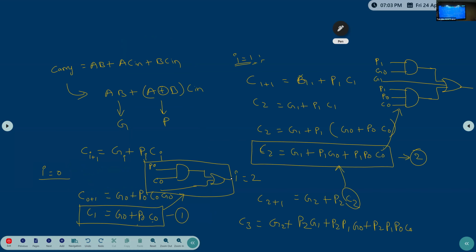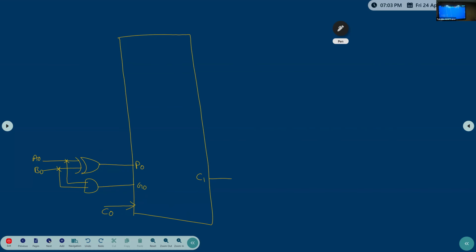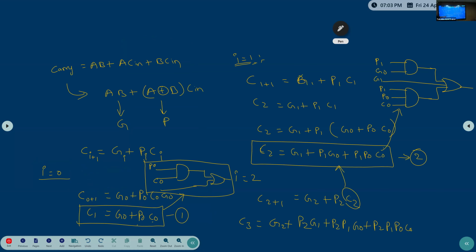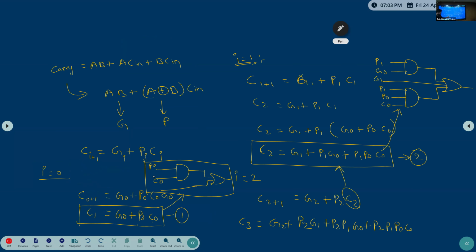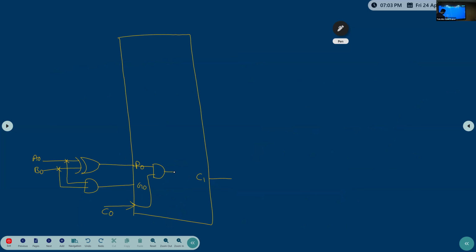This circuit also needs to be added here. So this G0 circuit is there. G0 and C0 need to be added. How will you add? AND gate, then OR gate is there, right? C1.